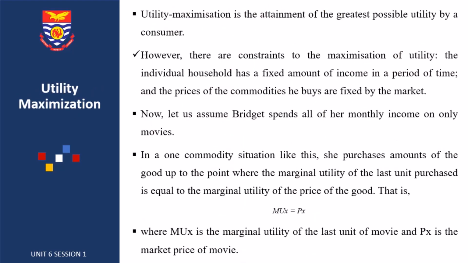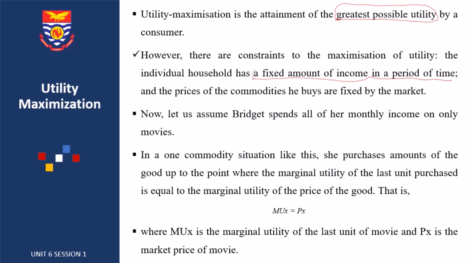Now, utility maximization is the attainment of the greatest possible utility by a consumer. However, there are constraints to the maximization of utility, and we have to know the constraints. What are the constraints? We look at the individual household has a fixed amount of income in a period.